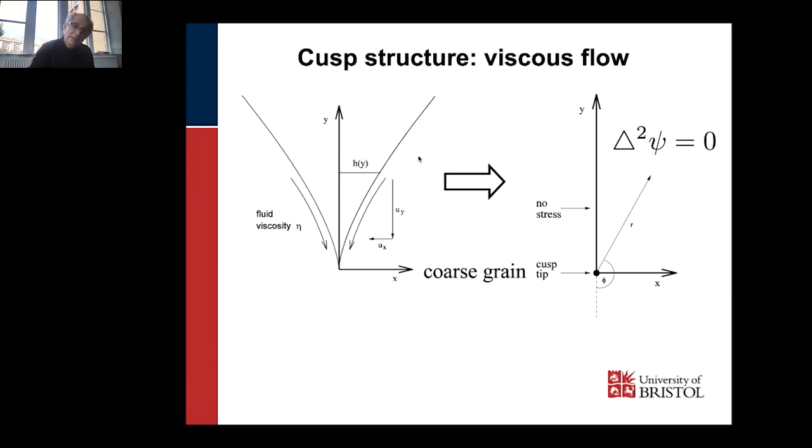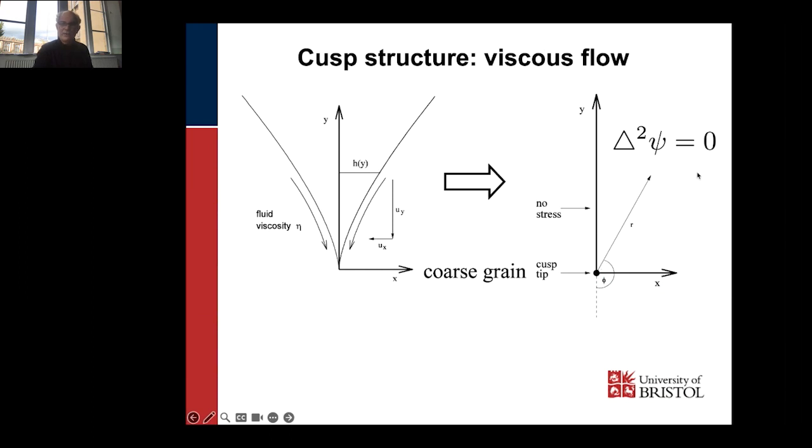since this is a slender structure, in particular since the width of this cusp here is small compared to the height, I imagine that I can, from a coarse-grained perspective, describe this situation like a crack in a viscous fluid. So I have a line here that ends at the cusp tip and along which there is no stress.